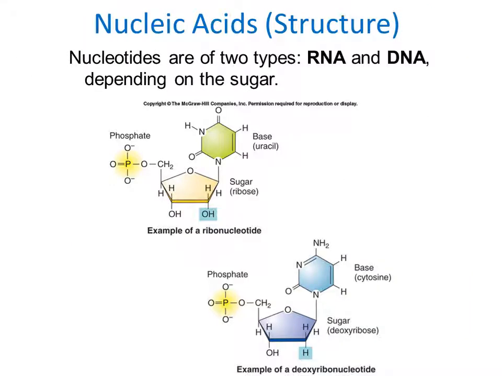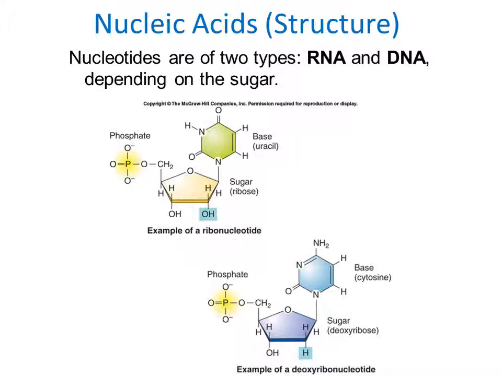So here you can see the ribonucleotide, which is made up of ribose sugar, is connected to a phosphate and the nitrogenous base. On the bottom, you can see a deoxyribonucleotide, which is basically a deoxyribose sugar connected to a phosphate and a nitrogenous base.